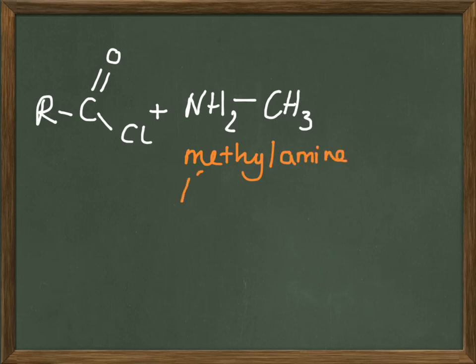It could be ethylamine, propylamine, a primary amine. Primary means the nitrogen is on the end of the chain, has 2 hydrogens attached to it. A secondary one would be in the middle of the chain. It has to be a primary amine because you need the lone pair on the nitrogen to be available and want to attack the carbon delta plus on your acyl chloride. And remember, that's got a massive delta plus, a big positive dipole.